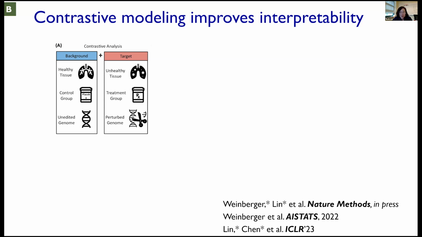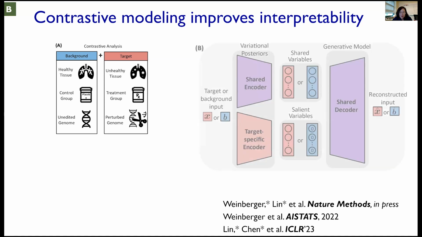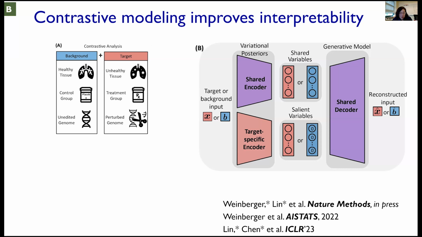In such a setting, it would be desirable to disentangle latent structures and variations uniquely enriched in treated cells from those shared with the controls. This led us to a new architecture to explicitly disentangle the data into shared and treatment-specific factors. We named them the salient variables.